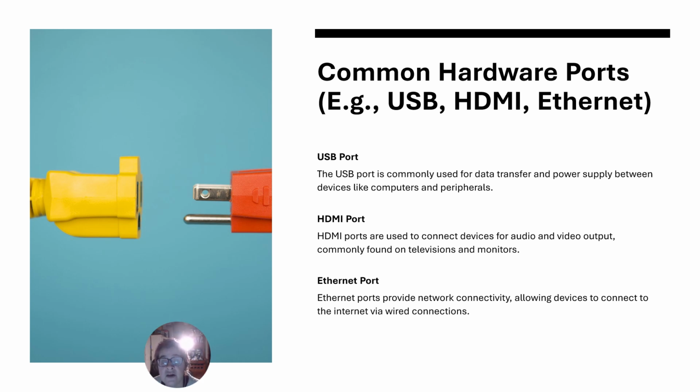And Ethernet ports provide network connectivity, allowing devices to connect to the internet via wired connections. Ethernet isn't the only type of port that can do that, but it's the most commonly known. Okay, there are different ports that do different things.